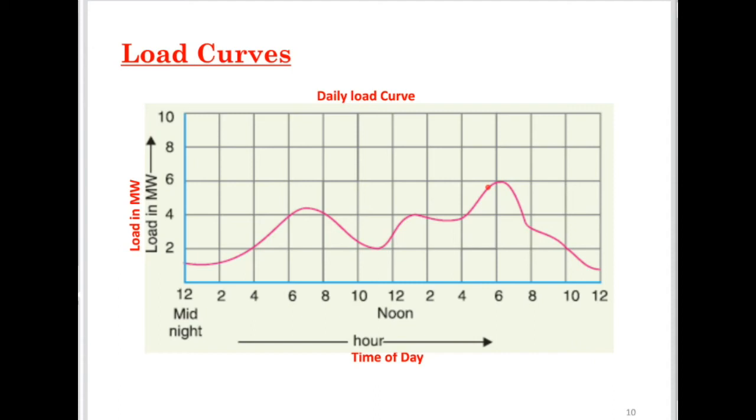If I don't have it, then I should have ordered it 2 days ago, because they need 2 days to supply the amount of diesel that I will need at 6 o'clock in the evening. So that's another part of planning, daily planning. Right, so we can go to the next one. But if you have any question in relation to this load curve, you can ask. A lot of things that we do from these load curves.